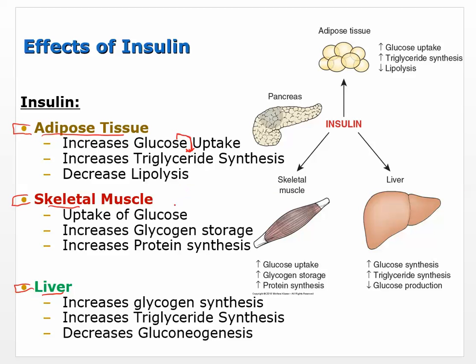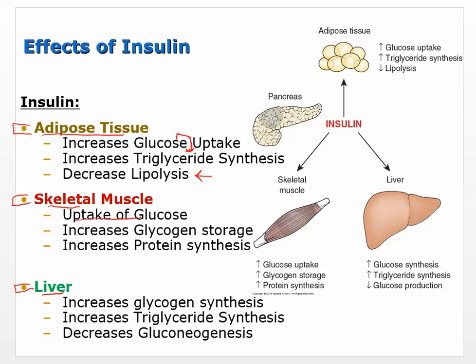If insulin is being released, that means we've got extra glucose, we've got plenty of energy, so there's no reason to break down fatty acids, so it's going to decrease lipolysis. Hopefully that makes sense. Skeletal muscle, it's also going to increase the uptake of glucose, because that's one of the things that insulin does.